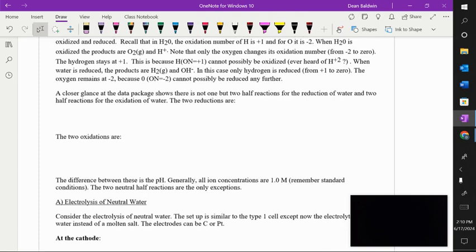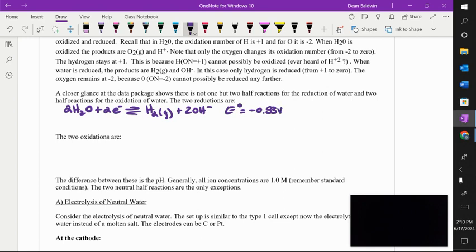So the two reductions are 2 H2O plus 2 electrons, hydrogen gas, that is basic conditions.